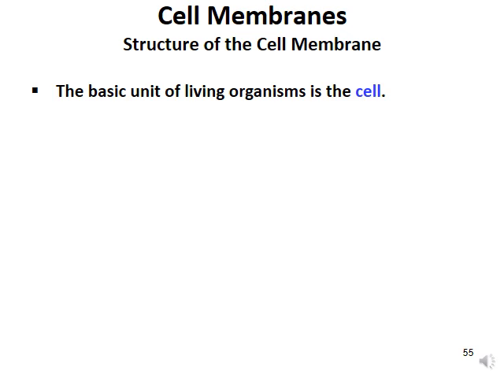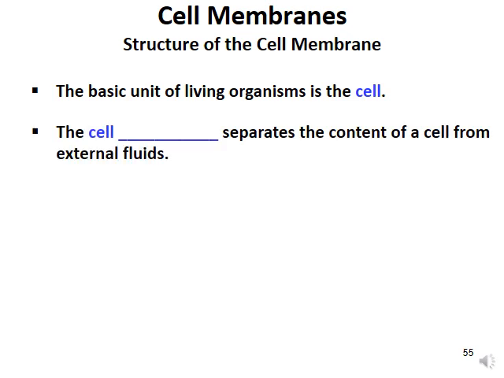All right, cell membranes. The basic unit of any living organism is the cell. And it's the cell membrane that's sort of a genius design, because it separates the content of a cell from the external fluids. If we didn't have that, basically it would all look like Jell-O.